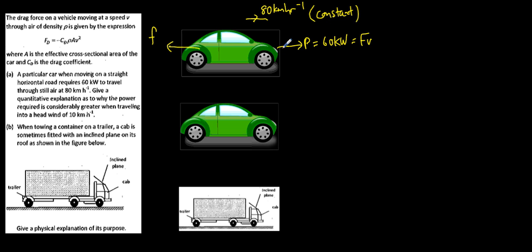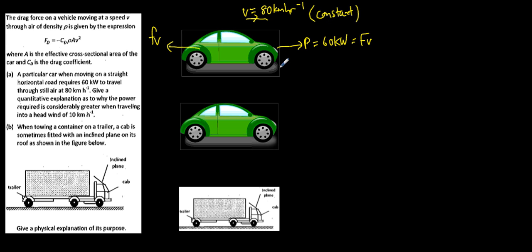Now, this one is big F times V, and this one is small f. Let's make them equal. I can also put the V here as well, because both are moving at V. The V is constant at 80, so they must be equal.